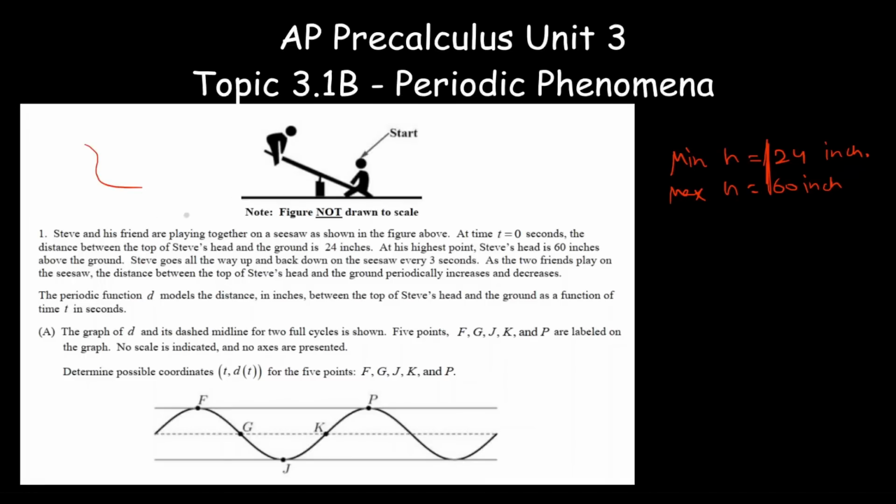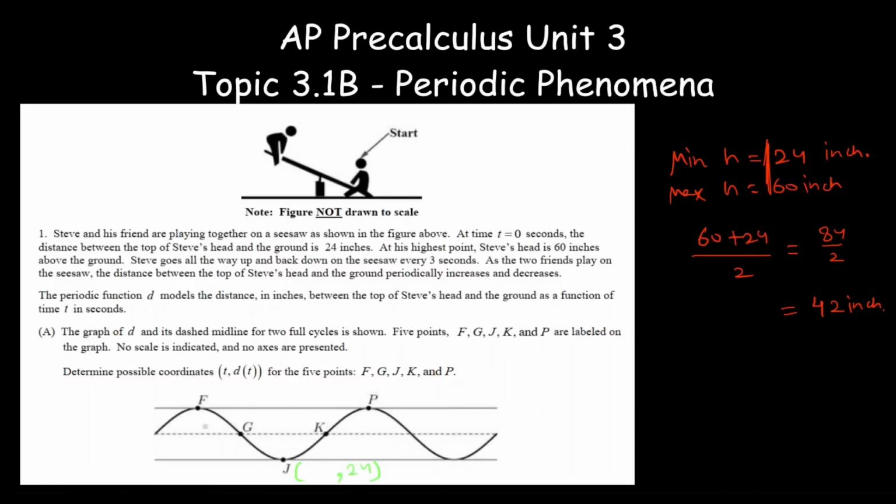The middle value is going to be obviously 60 plus 24 divided by 2, which is 84 divided by 2, which is 42 inches. So that's the midline. One thing is for sure: j corresponds to the minimum value, so it's x coordinate that we have to find. The y coordinate has to be 24.